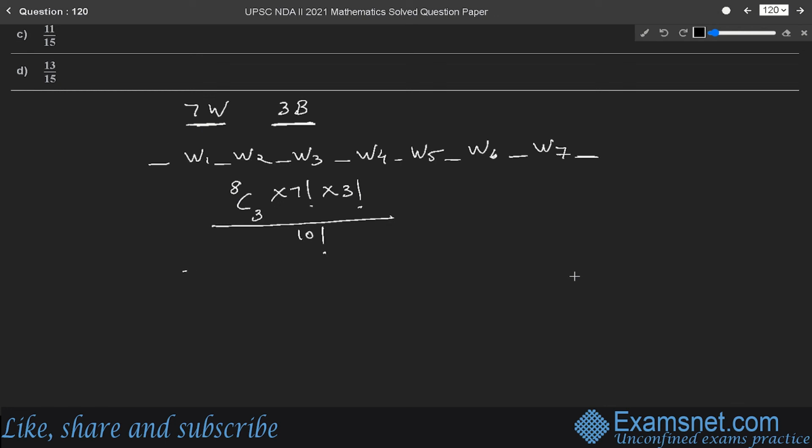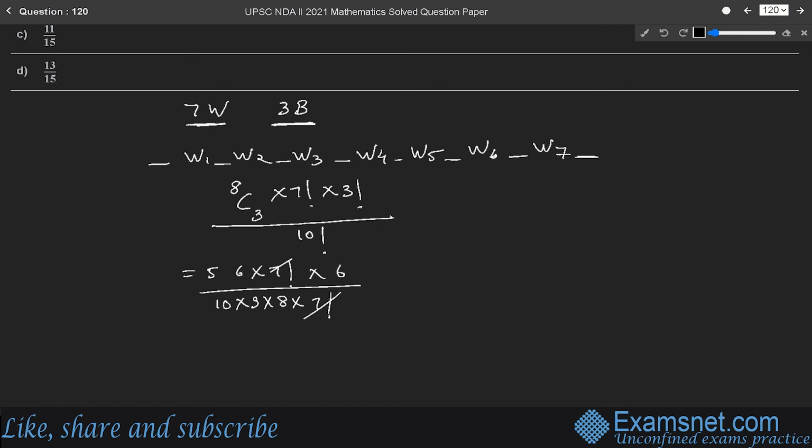So on further solving this, it will be equal to 56 into 7 factorial into 6 upon 10 factorial, which is 10 into 9 into 8 into 7 factorial. 7 factorial and 7 factorial will be cancelled.